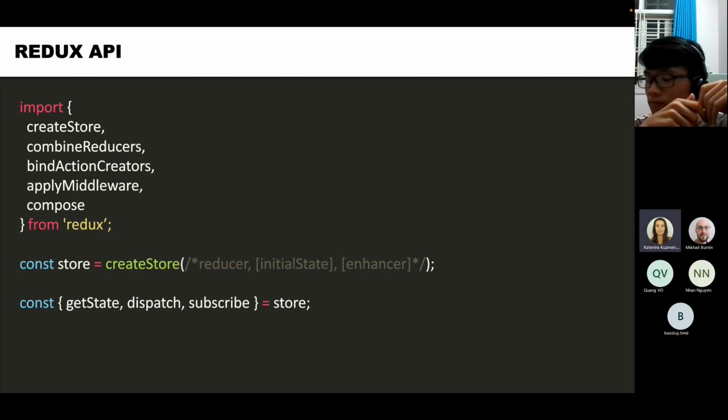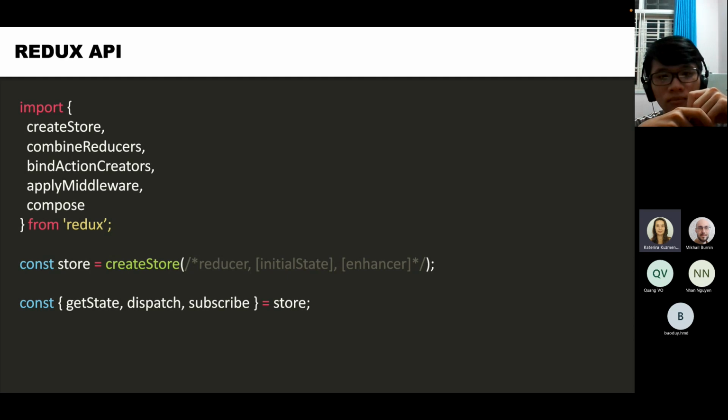And about an enhancer, this is a function that wraps the store, a store enhancer. You might optionally specify it to enhance the store with third party capabilities such as middleware, time travel, persistence, and many others. The only store enhancer that ships with Redux is applyMiddleware.